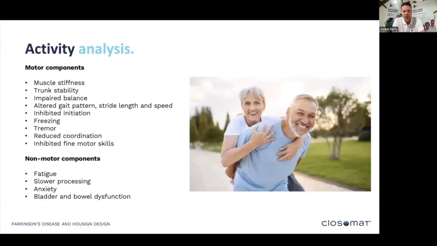So I want to have a quick look at some of the most common issues that you might find within an activity analysis before we explore this from a more general occupational perspective. So from the motor components, you might find muscle stiffness, so more rigidity.